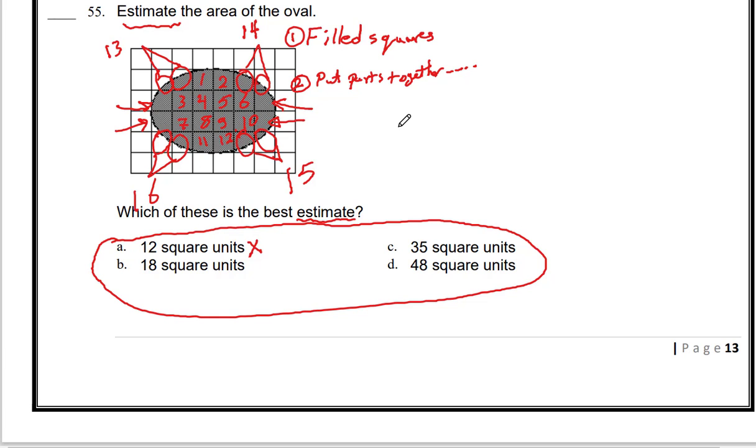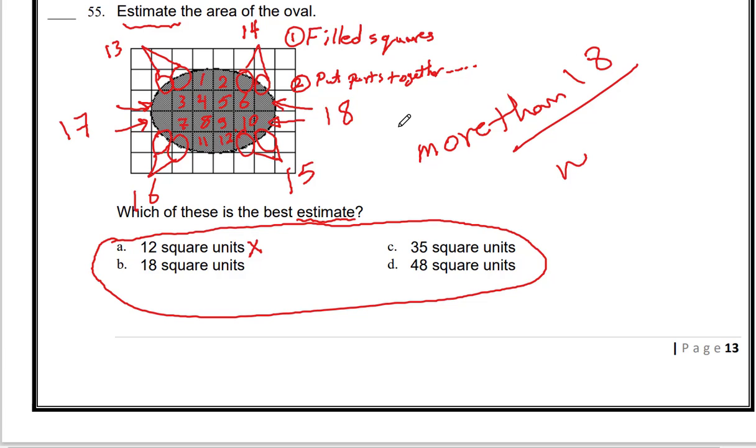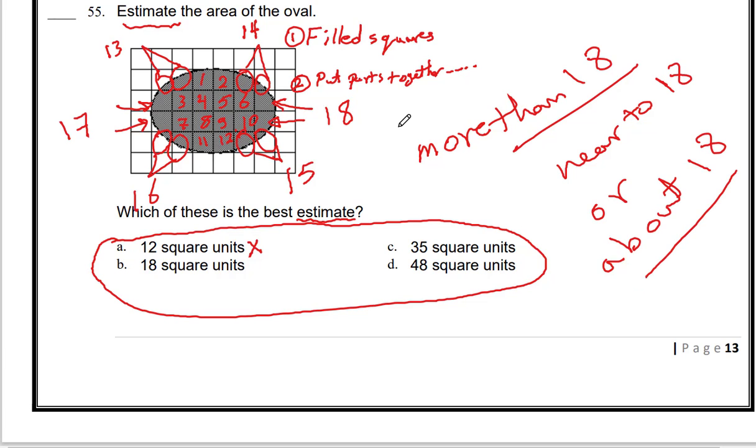But I see that each one of these 2 is bigger than half. So it's more than 1. But let's say that it's 1. It will be 17 here and 18 here. So I need a number more than 18, but near to 18, or simply say about 18. Okay, that's why we say that 18 is the correct answer. Not 35, because 35 is not near to 18.